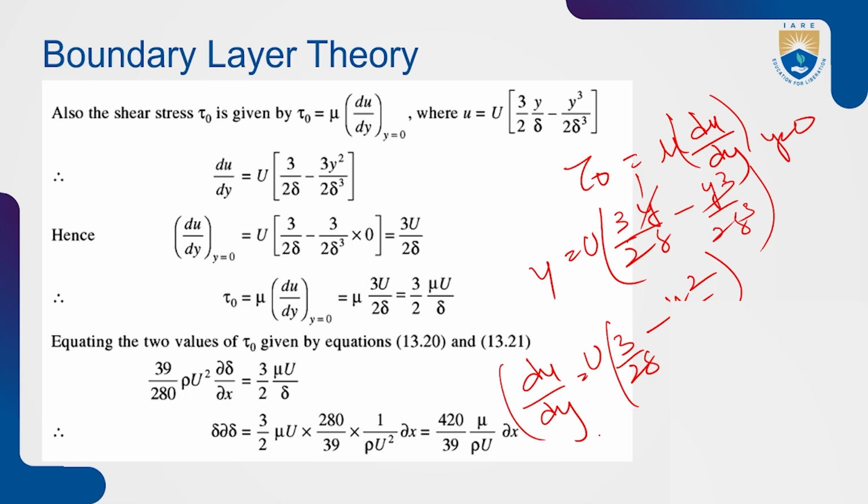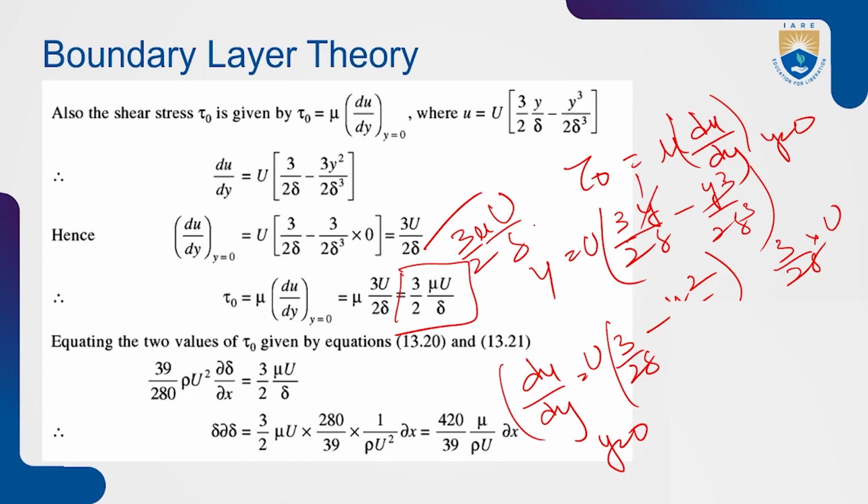So when you substitute y is equal to 0, you will get only 3 by 2 delta into U, 3U by 2 delta. So the complete value is tau naught equals 3 by 2 mu capital U by delta.